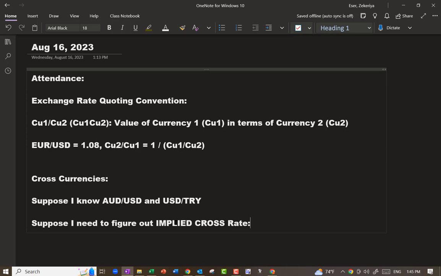The way we do that, we do something I call a trip around the world. Suppose I need AUD-TRY. So I need the value of AUD1 in TRY. And you're probably thinking, it's Turkish lira, why is it not an L?